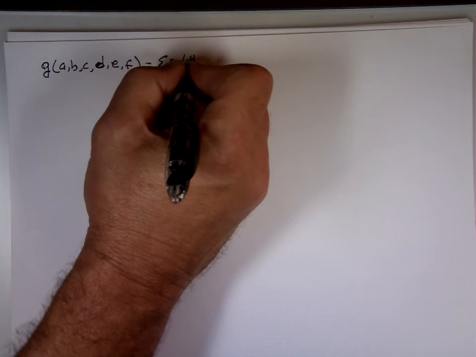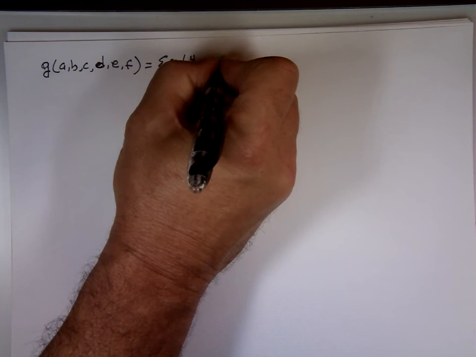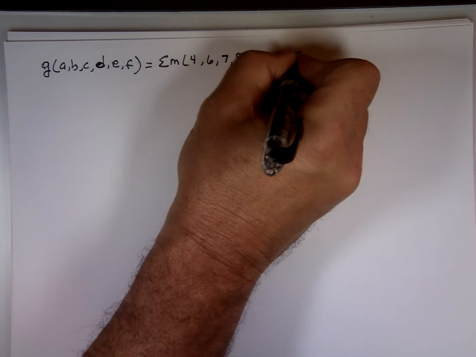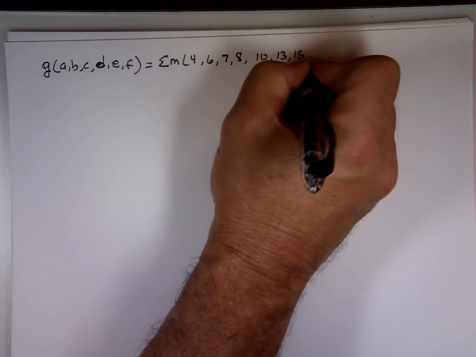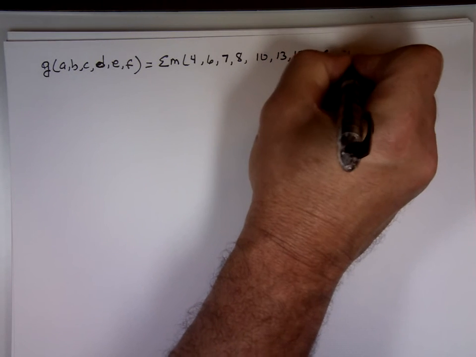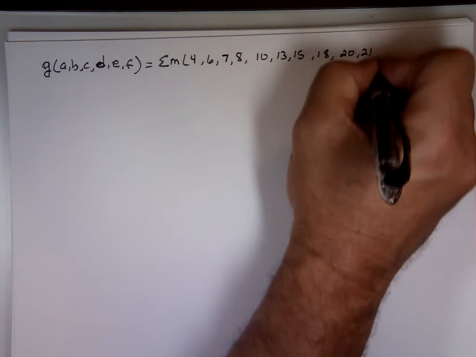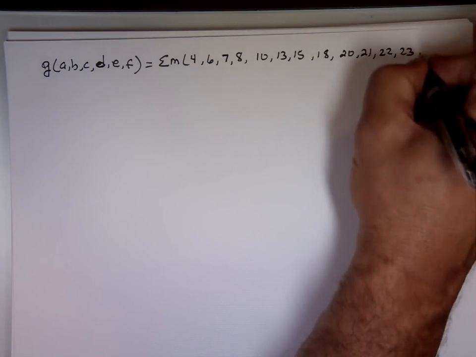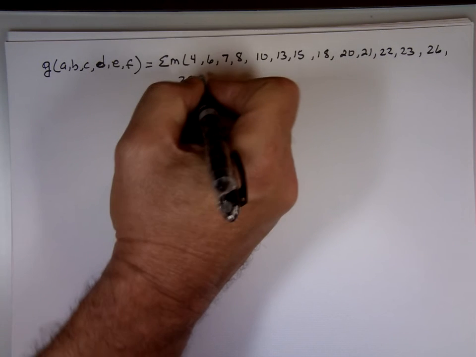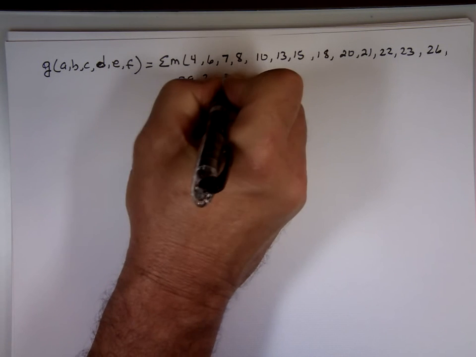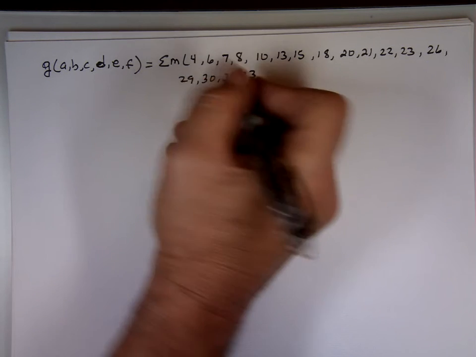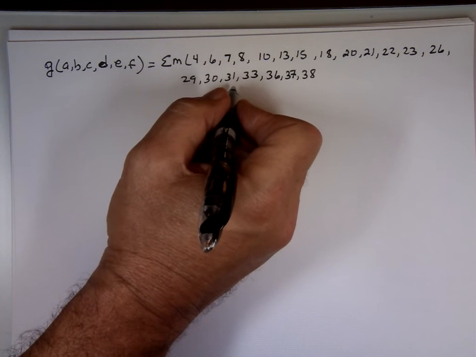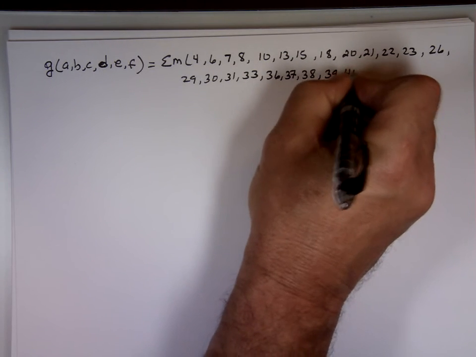4, 6, 7, 8, 10, 13, 15, then 18, 20, 21, 22, 23, 24, 26, 29, 30, 31, 33, 36, 37, 38, 39, 40, 42, 49.